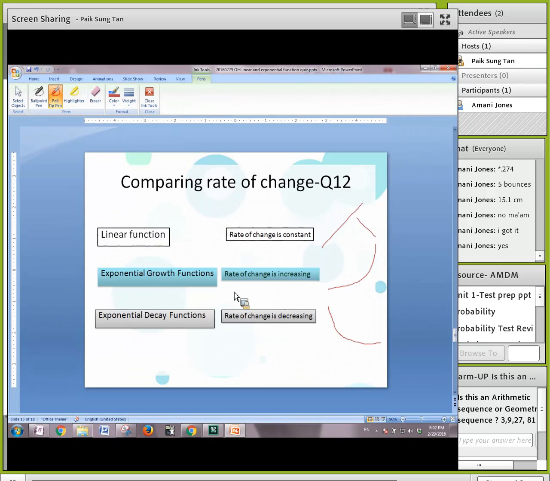So this is the generic idea of comparing rate of change. You'll be asked straightforward questions like that. You have a linear question: what is the rate of change of a certain function? And then you will just pick the right one. Or some word question too.